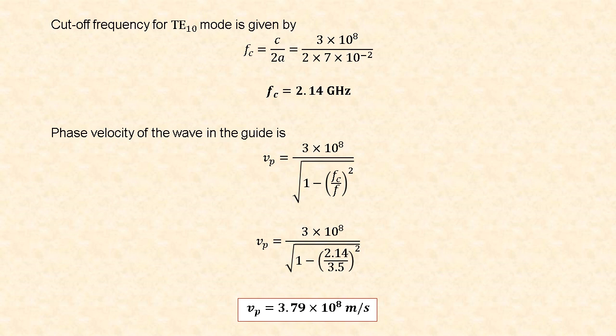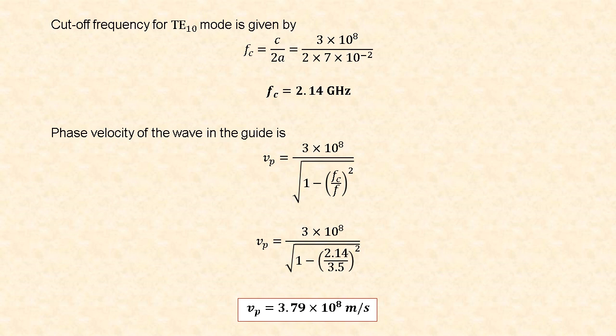The phase velocity of the wave in the guide is given by Vp equal to Cd divided by square root of 1 minus Fc by F the whole square. We know that Cd is equal to C for a hollow or air-filled waveguide. So Vp is equal to 3 into 10 to the power 8 divided by square root of 1 minus 2.14 divided by the frequency, which they have given as 3.5 GHz.